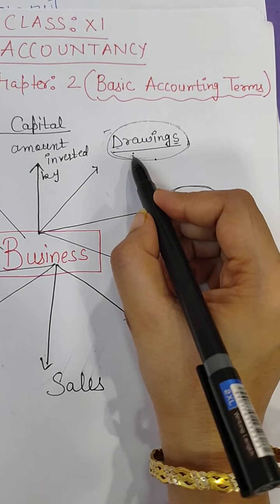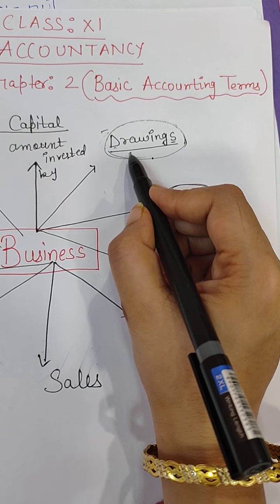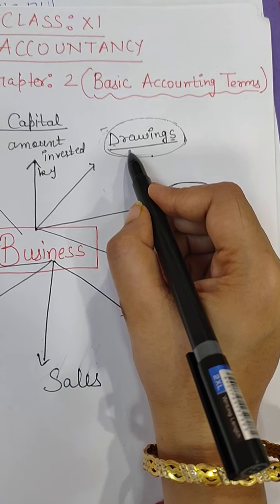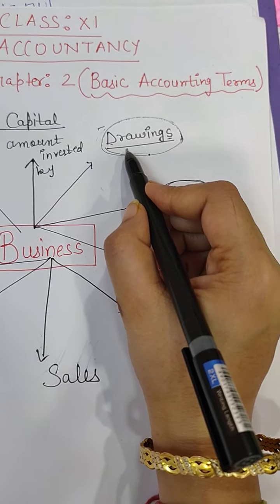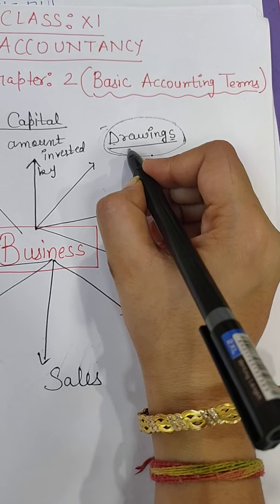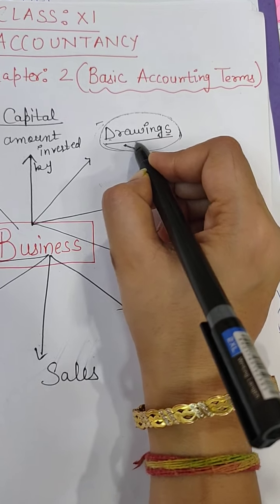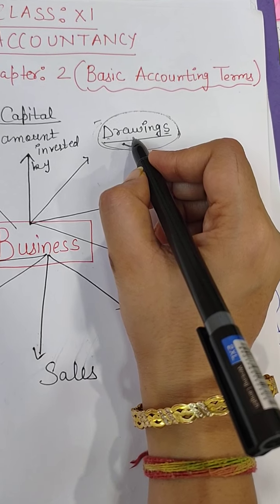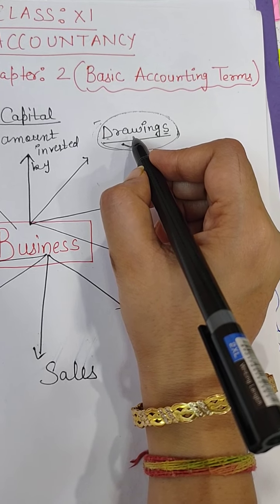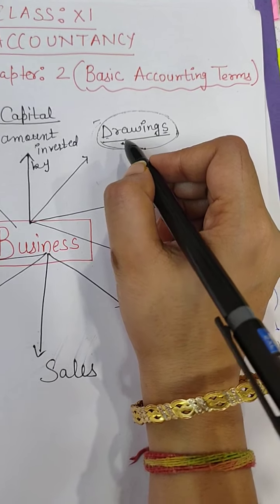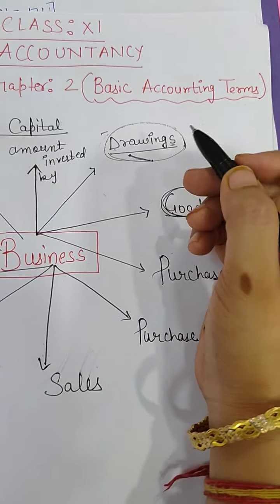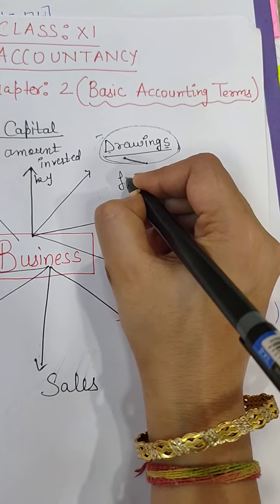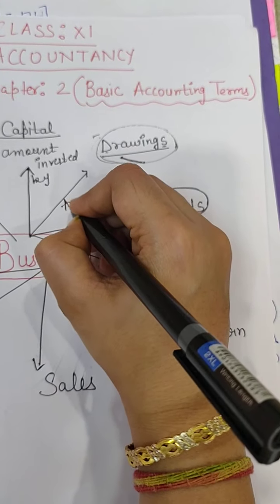So the proprietor can take out money and goods, and anything taken has to be recorded in the business, and that term is called drawings. So drawings is the amount withdrawn or goods taken by the proprietor for personal use, not for business purposes, for his own use.